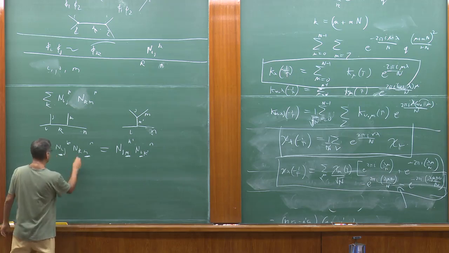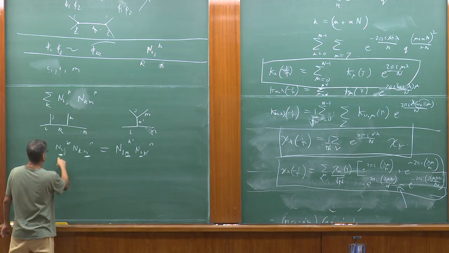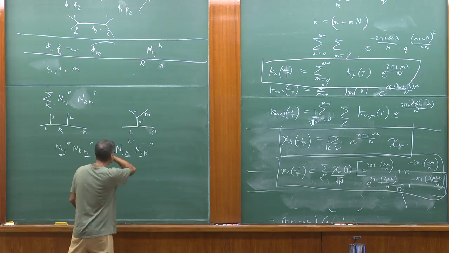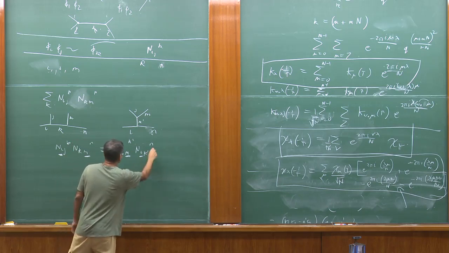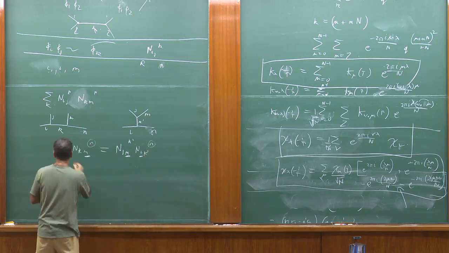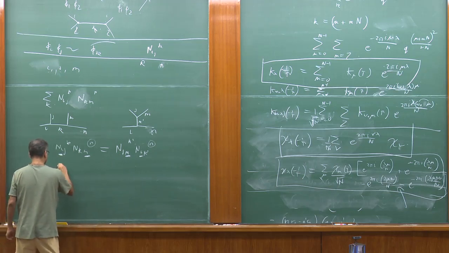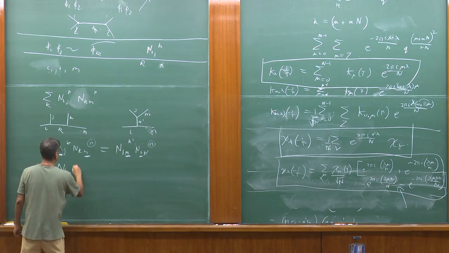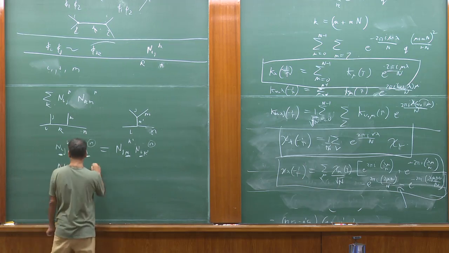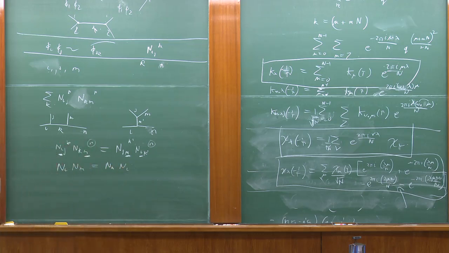If we do that, this becomes, okay, so let's see. The final index here is n, and I will treat the final indices here to be j. So you see, this becomes the statement N_i N_m is equal to N_m N_i as a matrix equation.